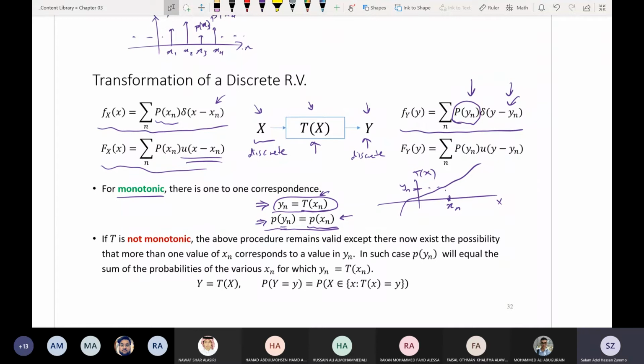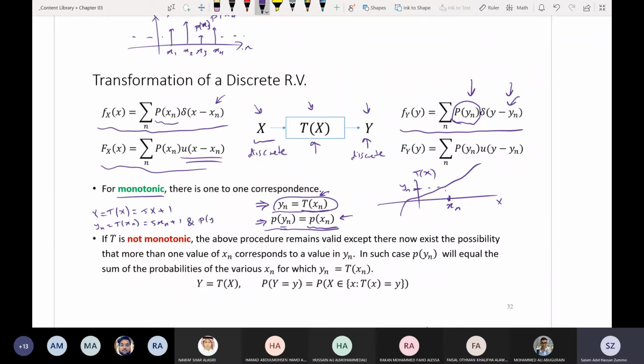For example, if we have y equal T of x, which is equal to 5x plus 1, then for every x_n, y_n will be T of x_n, which is 5x_n plus 1.